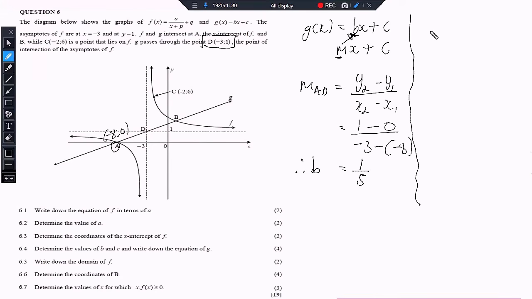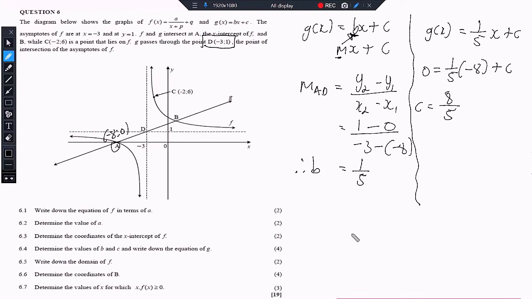So I will just say g of x is now equal to 1 over 5 x plus c, right? And then I'm going to substitute the coordinates of A. So this is 0 is equal to 1 over 5, and then where there's x, I'm going to put the x coordinate, which is negative 8, and then plus c. Now, to calculate that, we understand c is equal to, this would give us negative 8 over 5, but if we transpose it, it becomes positive 8 over 5.